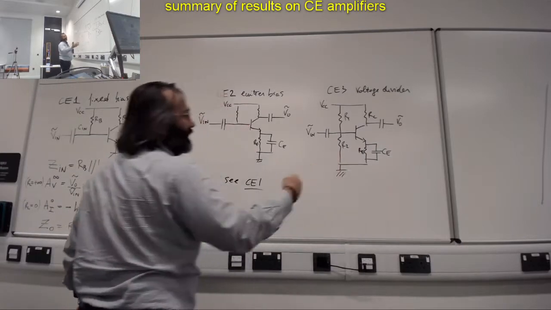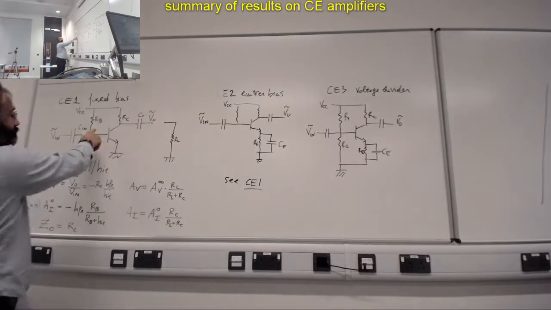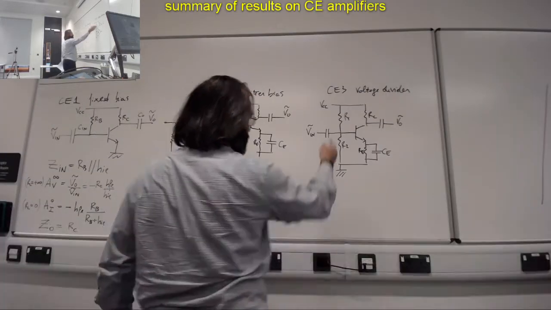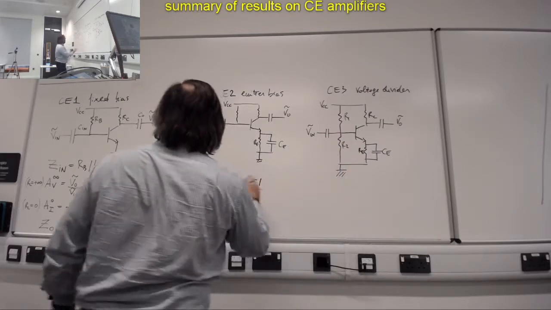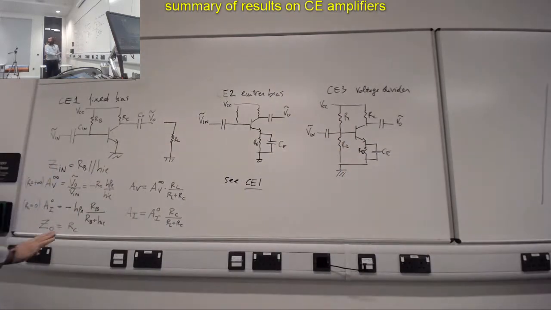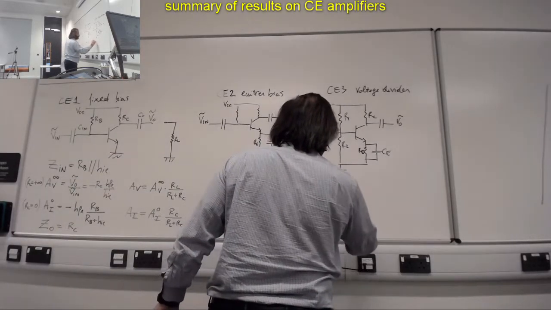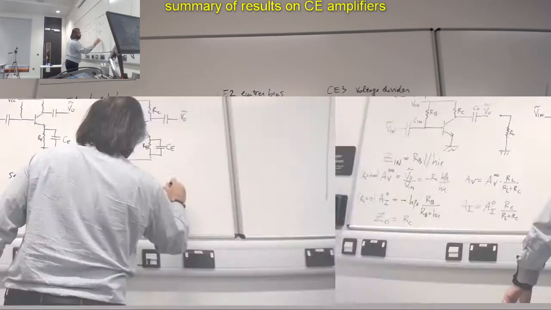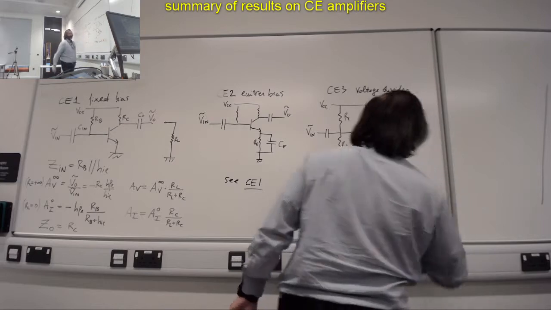So the real only difference is the presence of these two resistors instead of RB. And when we did the AC analysis of this, we realized, okay, these two will be in parallel. So you can use again the same formulas, simply replace RB with the parallel R1, R2.